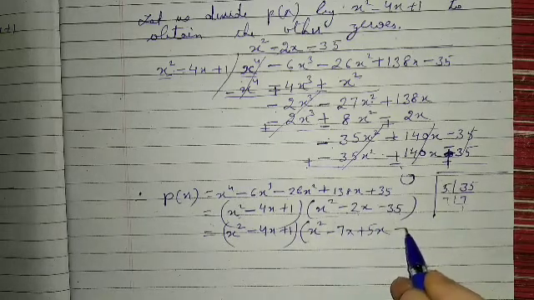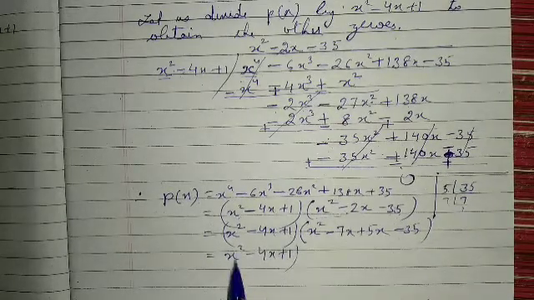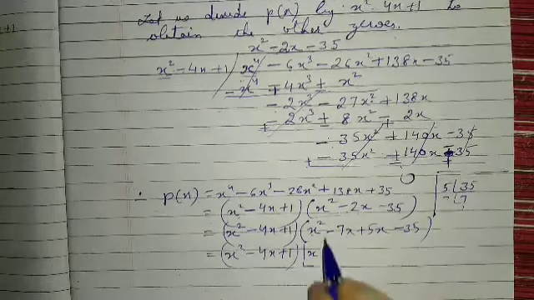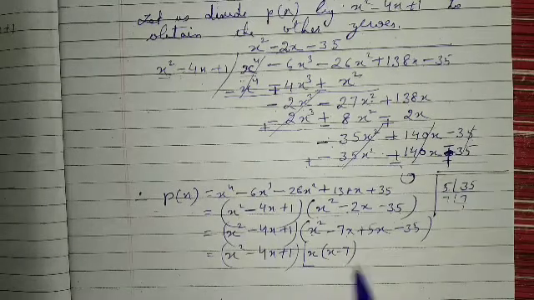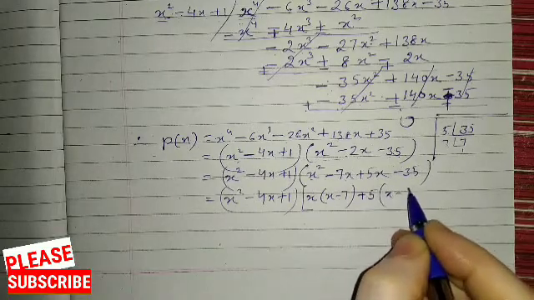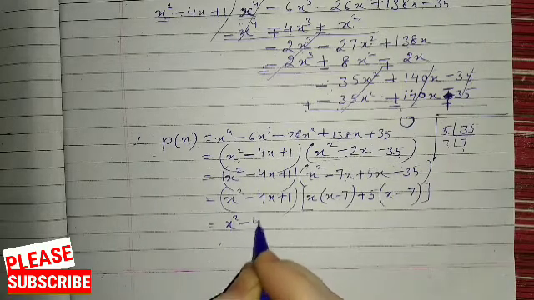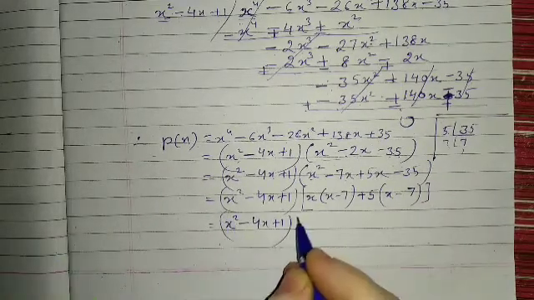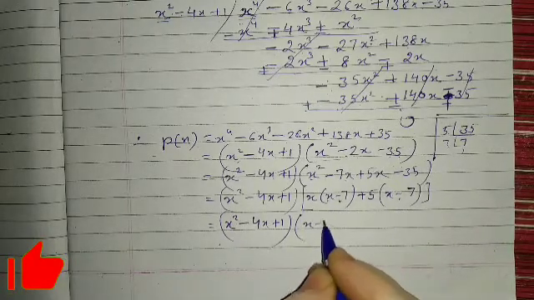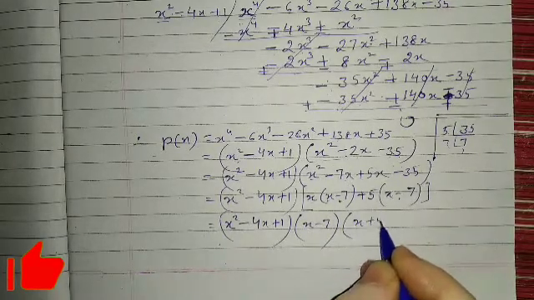So x square minus 4x plus 1 stays the same, and here x is the common term, and x minus 7 is left. Here 5 is common, so x minus 7 is common. Now x square minus 4x plus 1 is the same, and both terms have x minus 7, so x minus 7 is common and x plus 5 is left.